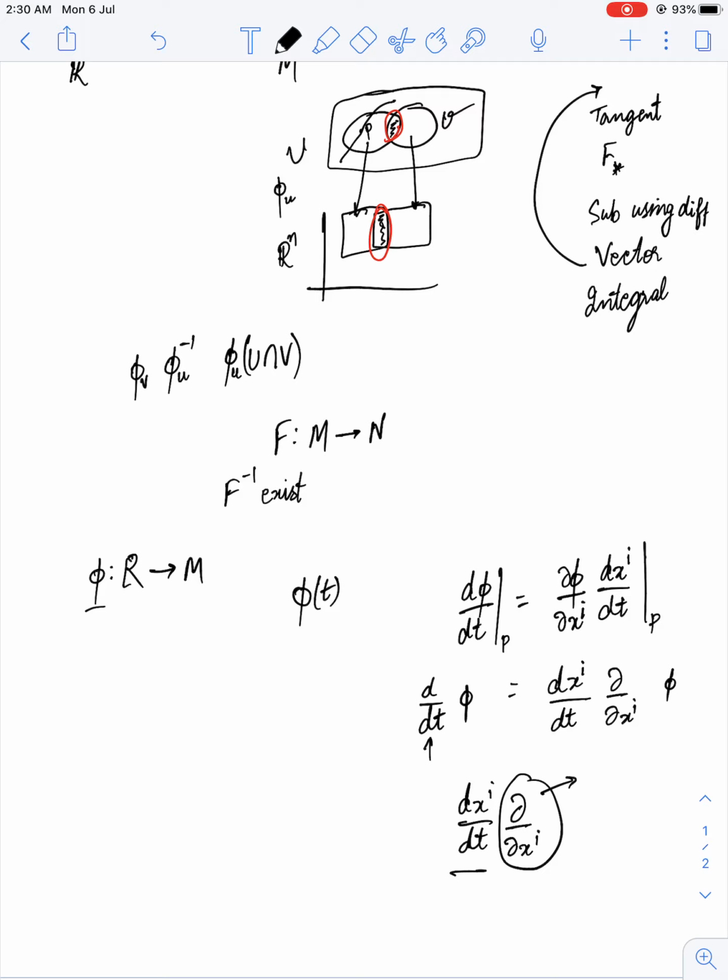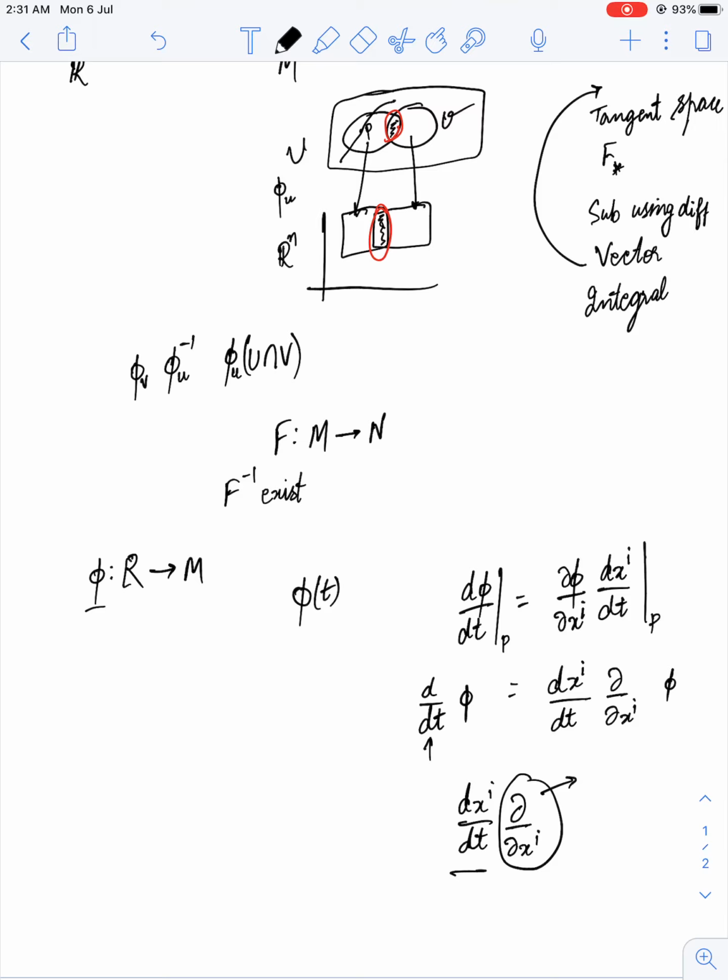So vectors are associated with these, and these are called basis vectors. Nothing so special. Here we are going to define a tangent space. The tangent in the manifold lives at a point P, not like in Rn, a real line or R2 coordinate space, where you can translate vectors anywhere.